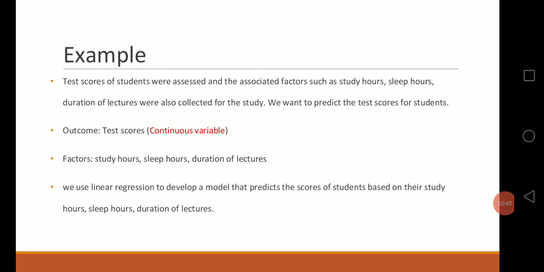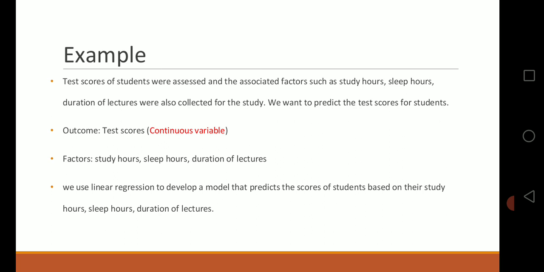Is the test scores variable continuous or categorical? The test scores are degrees. Okay, this means that it's a continuous variable, because the degrees are numbers.